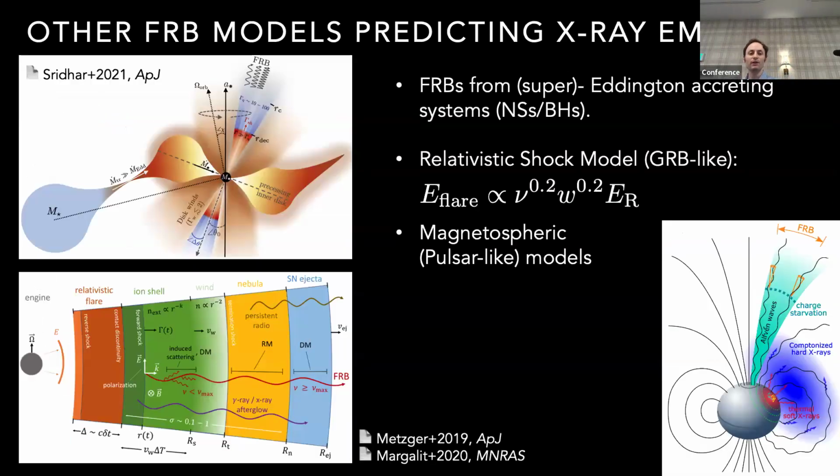Now, magnetars are not the only type of model that is predicted to emit X-rays for FRBs. There are other models such as Eddington accreting systems like ULXs. There's also a class of sources called far-field sources or GRB-like sources where you have some relativistic shock that propagates into an upstream medium. And of course, there are also other types of magnetospheric pulsar-like models where you expect some type of soft X-ray emission as well.